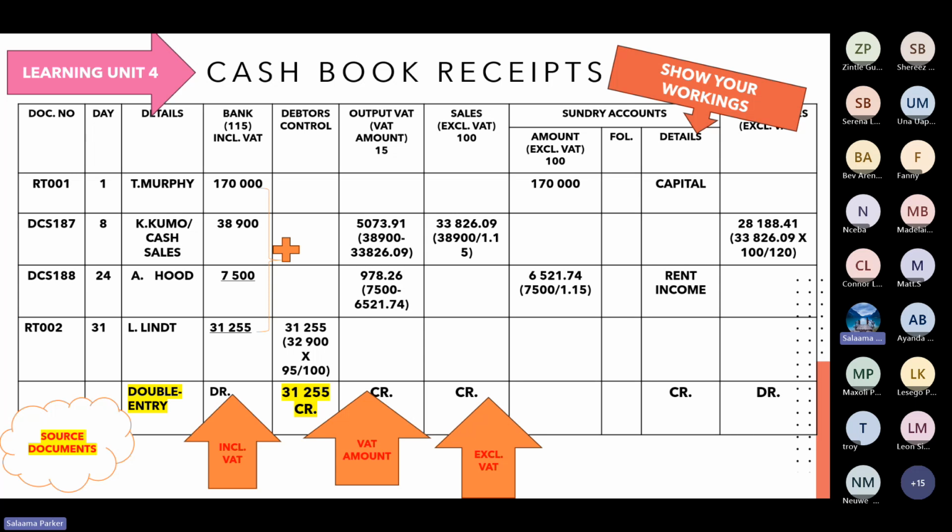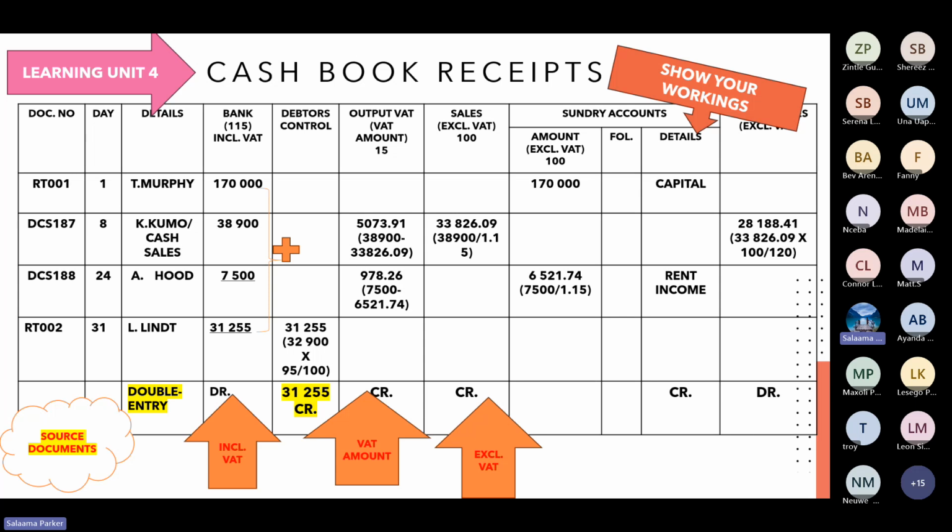Okay. Then for Hood, we were given the inclusive amount. Again, you know from previous exercises that if you do not have a column, like for sales, where we had a specific column, it will go to sundry accounts, okay? And we do calculate VAT on the rent.